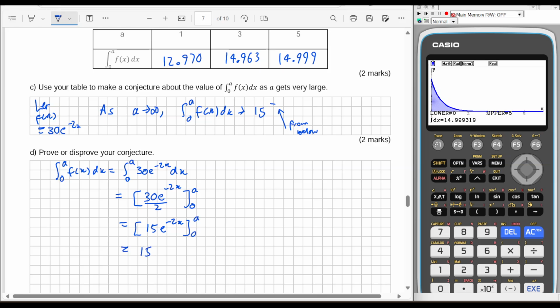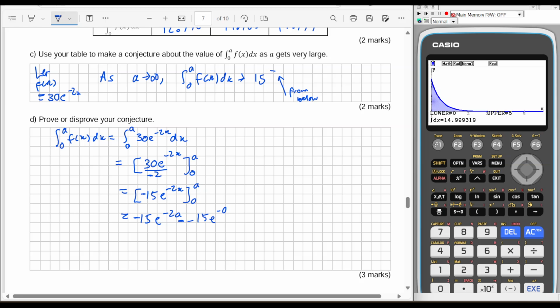So that's 15e to the minus 2a, take away 15e to the 0. Now I should have divided by minus 2 there because it was minus 2 with the x. There we go, that's fixed up. e to the 0 is 1. So this is minus 15e to the minus 2a plus 15. So this integral is 15 take 15e to the minus 2a.